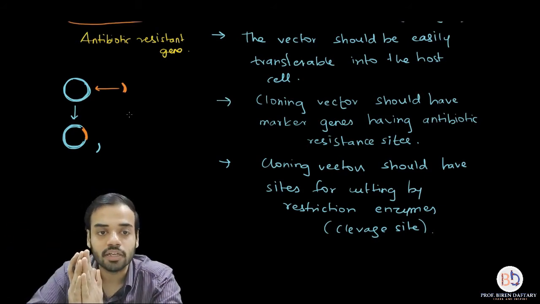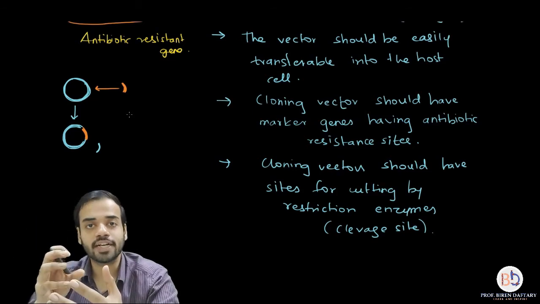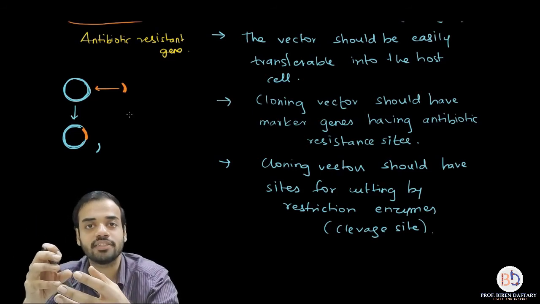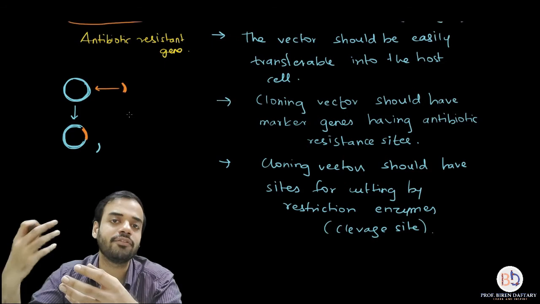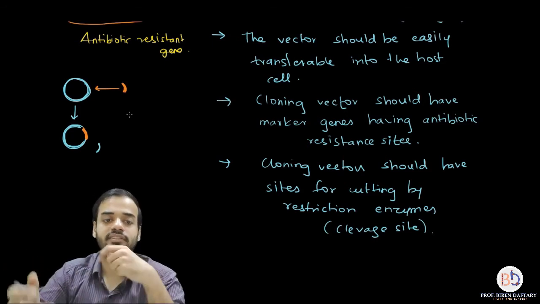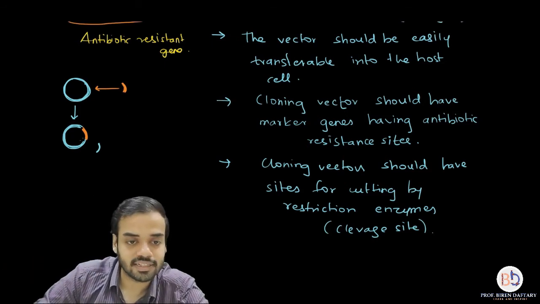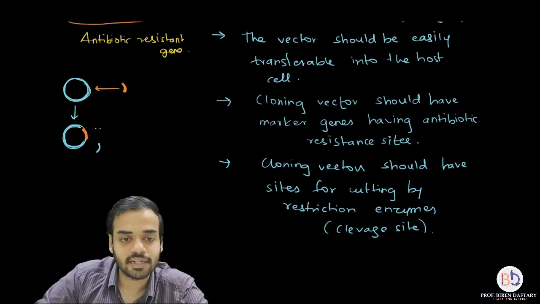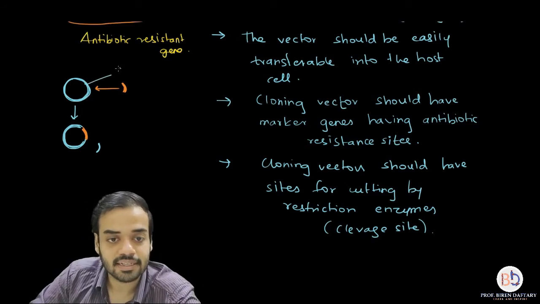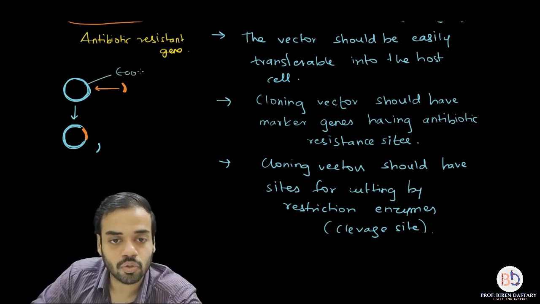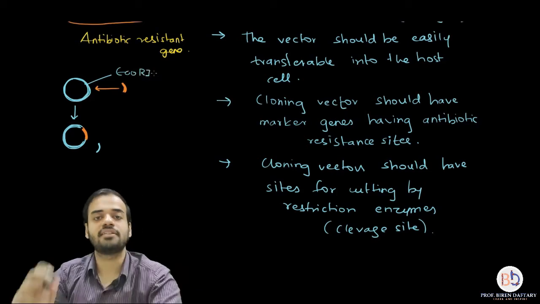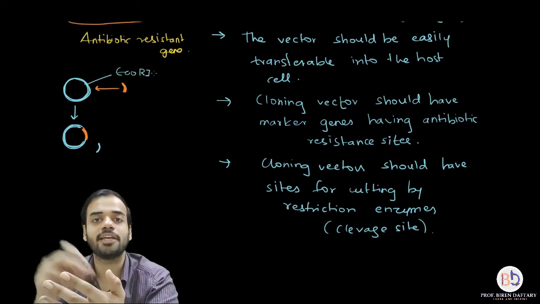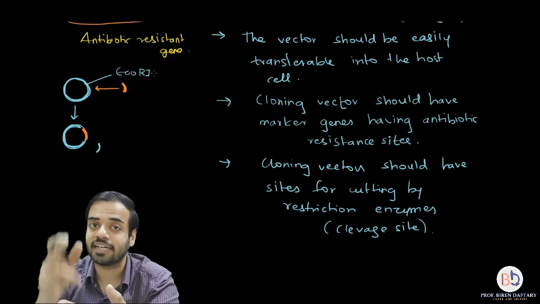Each cloning vector has many different locations which can be cut by many different restriction enzymes. For example, suppose this area has been cut by EcoR1, so I will label this area as EcoR1. That means this is the area which can be cut by EcoR1 because it has the sequence GAATTC.